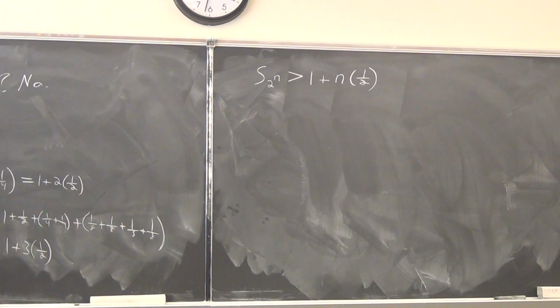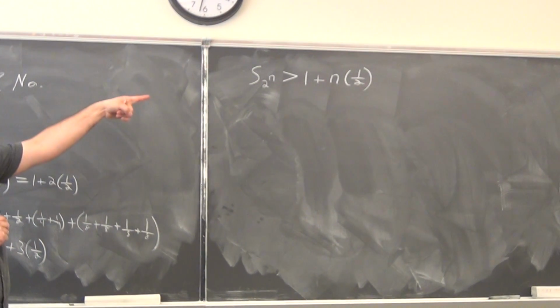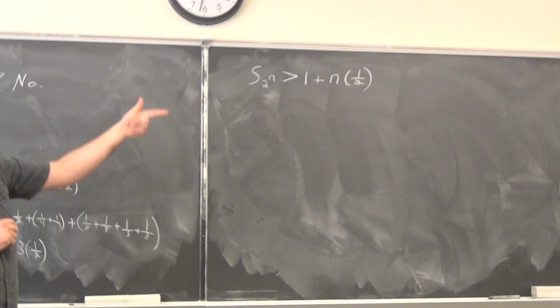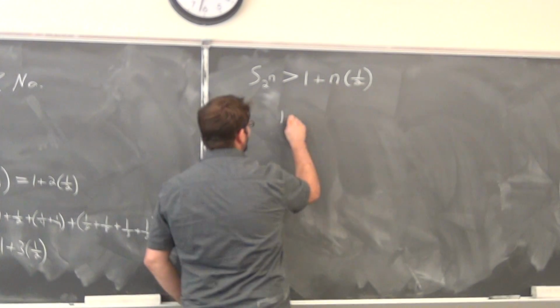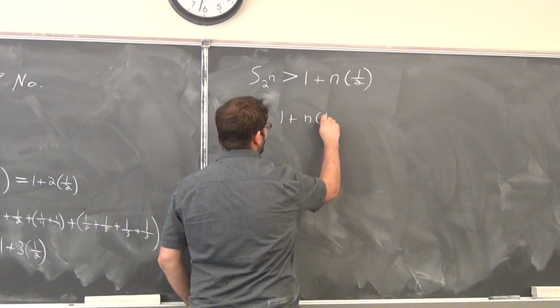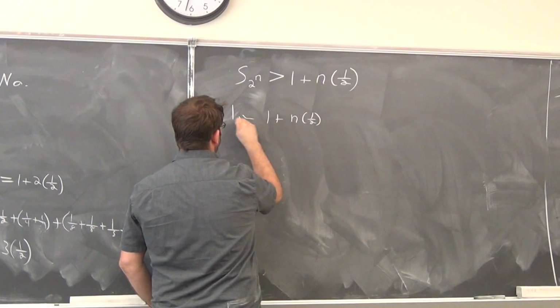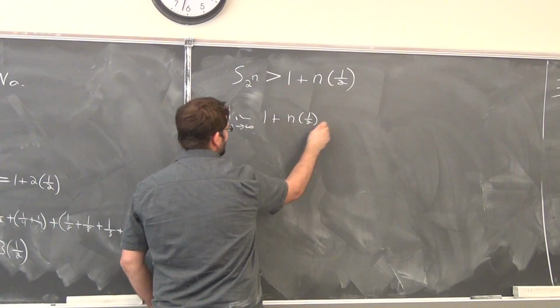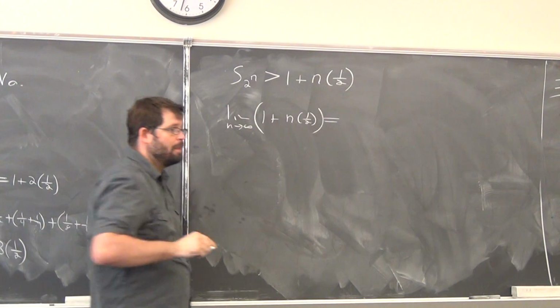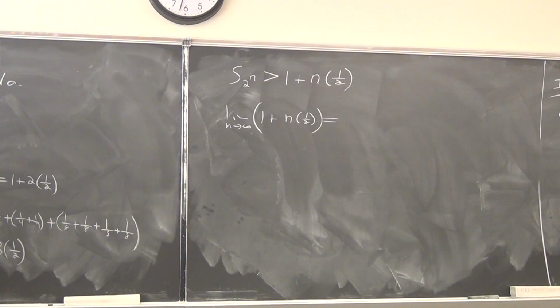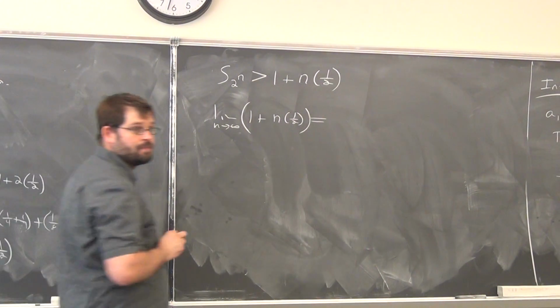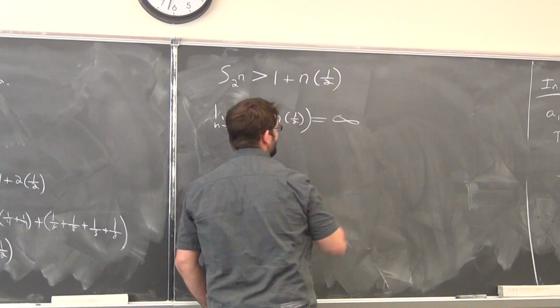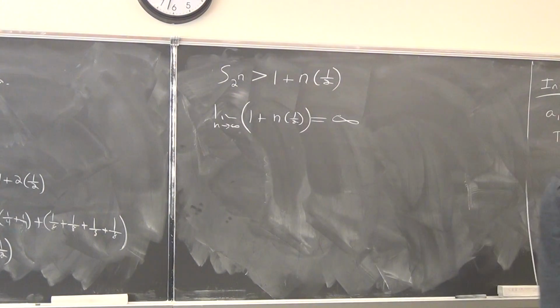So if that's true, what is 1 plus 1/2 times n? What does that go to as n goes off to infinity? So 1 plus n times 1/2, the limit as n goes to infinity of that. Infinity, right? Again, we're kind of abusing notation here. So that limit doesn't exist.